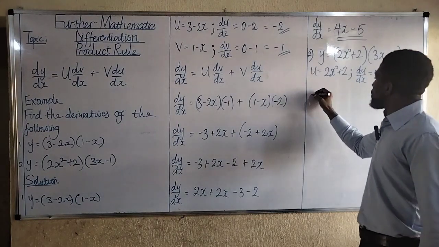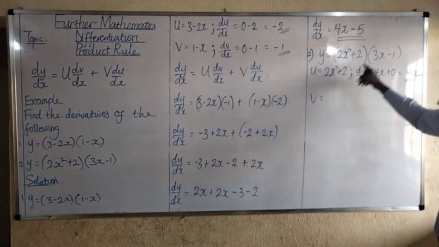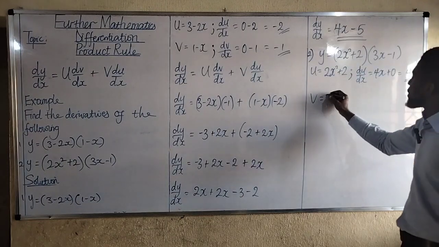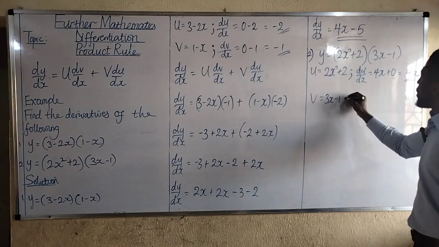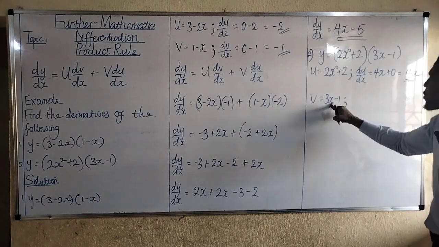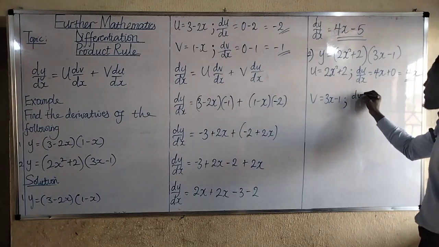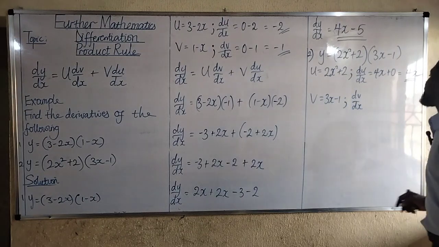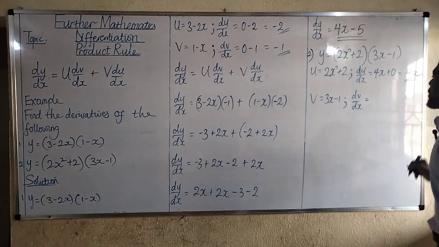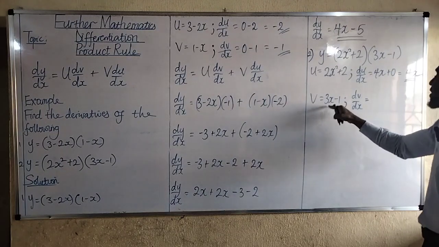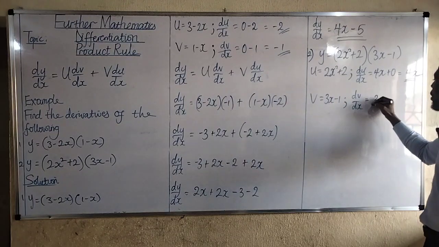Then we go over to v. Let v be everything inside the second bracket. We have 3x minus 1. Alright, if you differentiate v with respect to x, you have dv over dx. If we differentiate 3x, we are going to have 3 only.